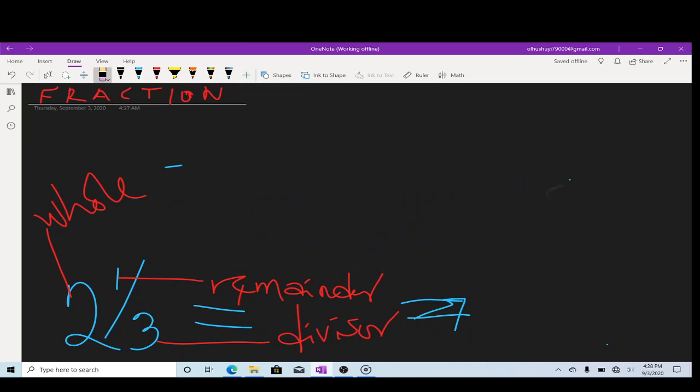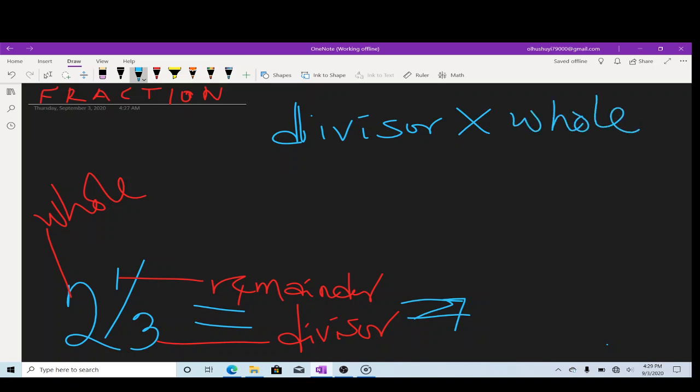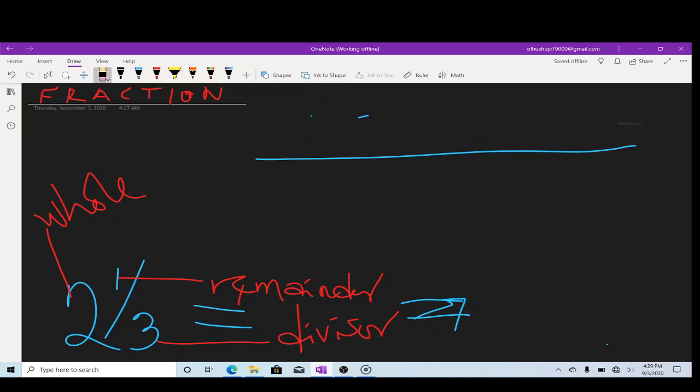The method is you write your divisor times your whole, divided again over. Then after doing that, let me indicate something here so that you put them all together.